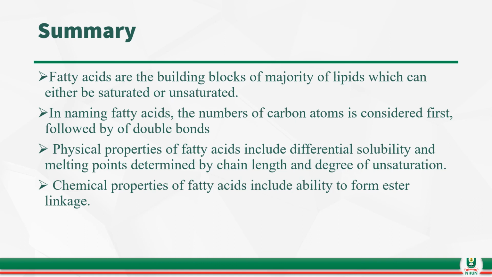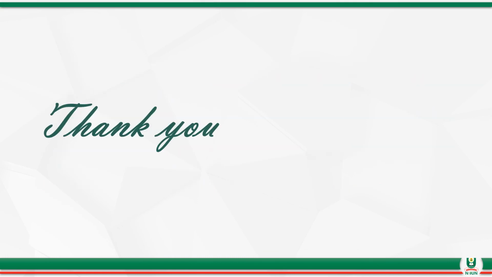Then we have found that the physical properties of fatty acids, which include their differential solubility and melting points, are determined by the chain length and degree of unsaturation. And finally, fatty acids have the ability to form an ester linkage when they react with some compounds. Thank you.